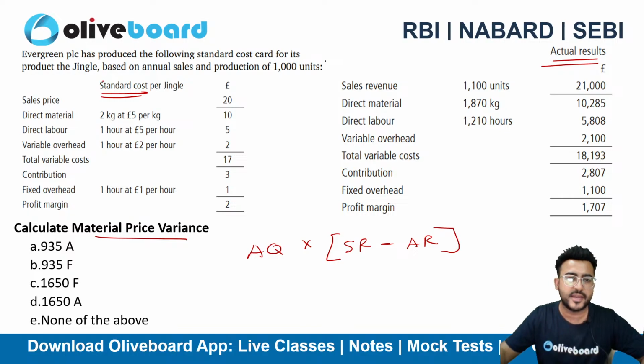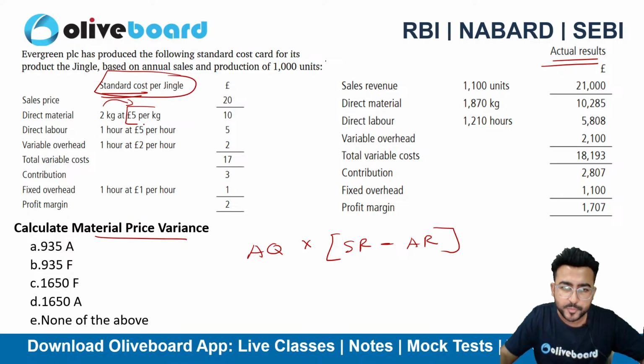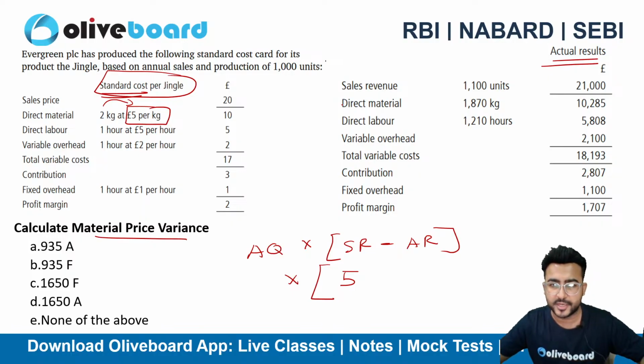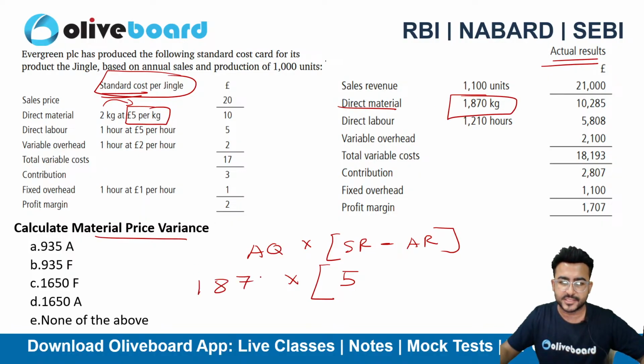What is my standard rate? In the standard table, they have given me 2 kg at 5 rupees per kg. That means 5 rupees is my standard rate. What will be my actual quantity here? Actual quantity is clearly given here, 1870 kg. What will be my actual rate?